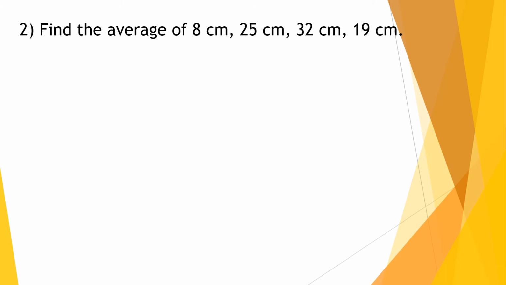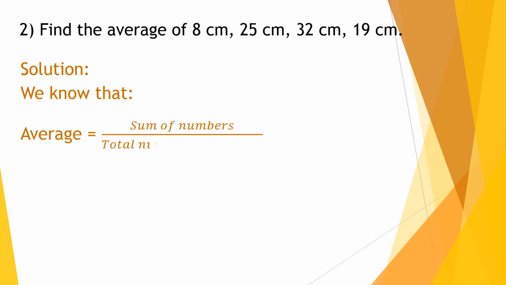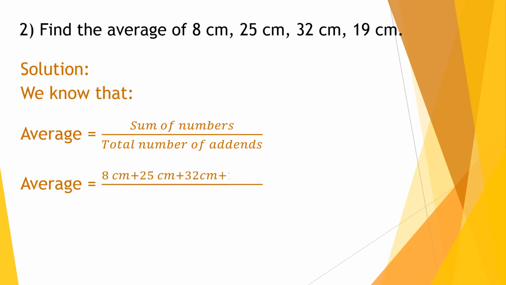Let us solve one more question. Question number 2. Find the average of 8 cm, 25 cm, 32 cm and 19 cm. Write the solution. We know that average is equal to sum of numbers upon total number of addends. First, write the sum of all the given numbers, which is 8 cm plus 25 cm plus 32 cm plus 19 cm.